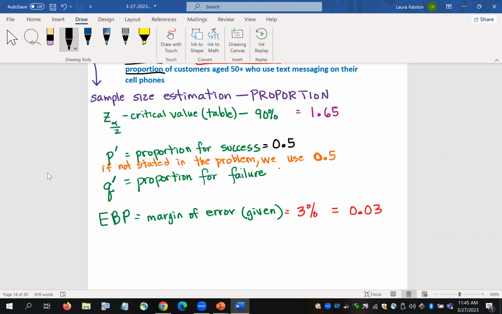My proportion for failure is 1 minus the proportion for success. So 1 minus 0.5 is 0.5. In this case, my proportion for success and my proportion for failure are the same, and they're both 50% because it is not stated in the question.